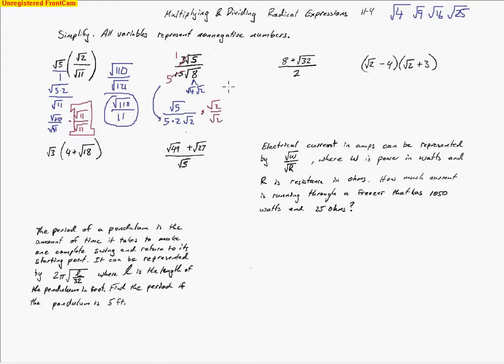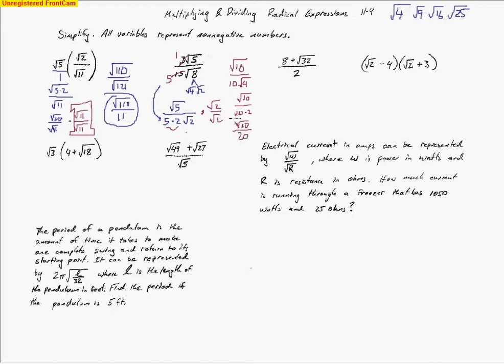I'll do that work, and this is what's left over: the square root of 10 on top, because 2 times 5 makes 10. Down below, I multiply those two numbers and get 10, and then the square root of 2 times the square root of 2 makes the square root of 4. I take that square root, and that gives me 2. So now I have 10 times 2 on the bottom of the fraction. My final answer is the square root of 10 over 20.